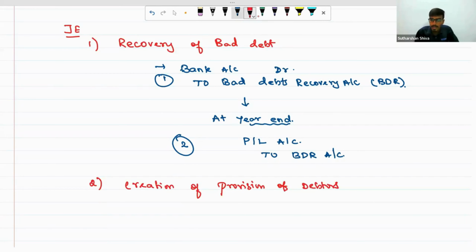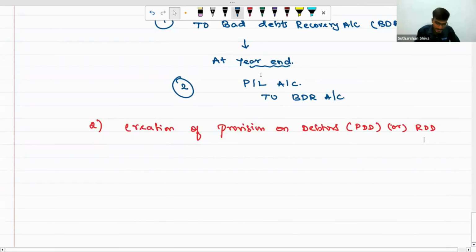Some may also call it the PDD account, provision for discount on debtors account, or provision for doubtful debts account, or RDD, reserve for doubtful debts. I am doubting that he may not pay the bill. So at that time, we will pass a journal entry.